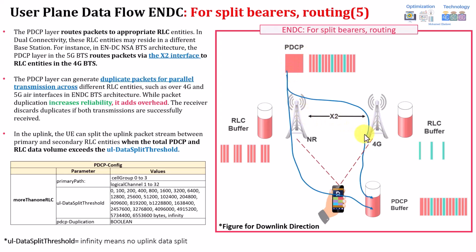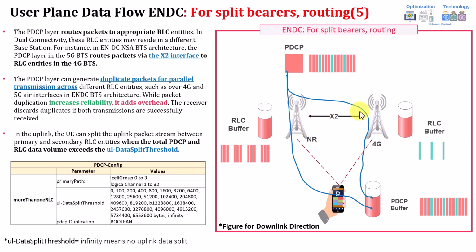Why is this important to understand? Because sometimes this can impact the reordering. I will be explaining this part also in the next slides. If you have reordering of packets at the receiver, the PDCP receiver will be waiting for packets from 2 legs, right? So assume that there is a high delay in the 4G leg because, for example, the 4G speed is very low or it has very bad performance.